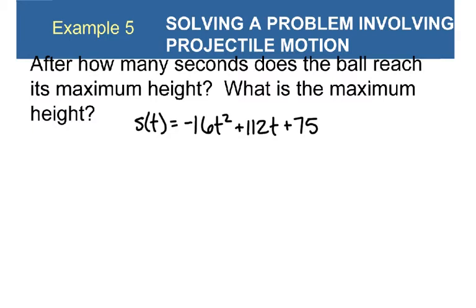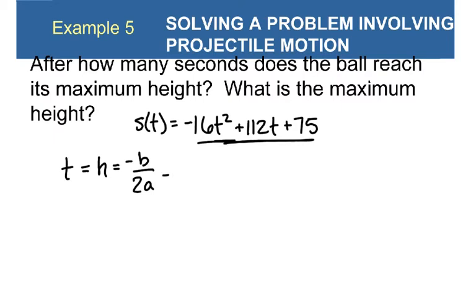To find how many seconds it takes the ball to reach its maximum height, we just need to find that h value with the formula that we used, negative b over 2a, which I want to call our t value to go along with the terms of time that this function has.